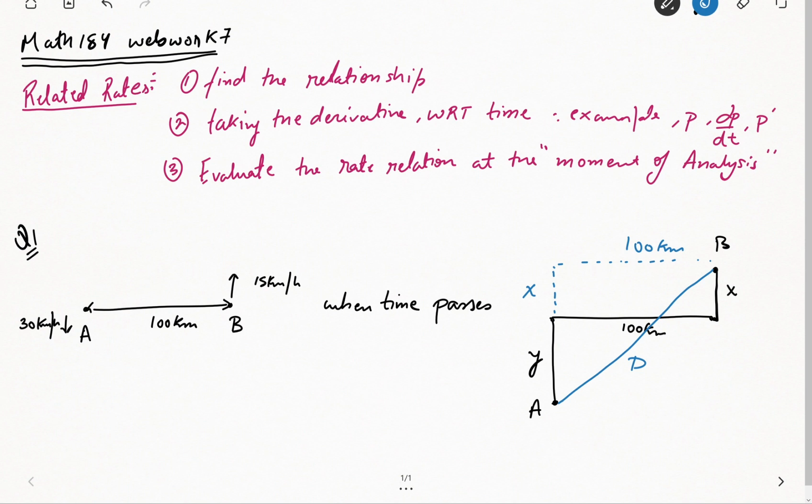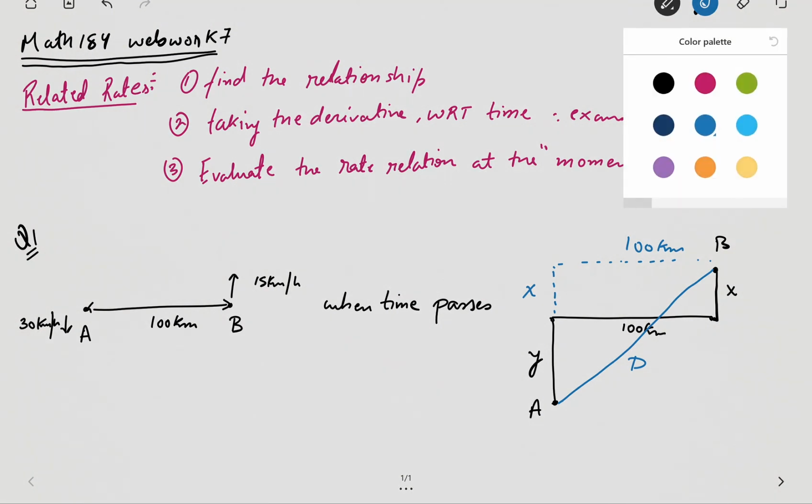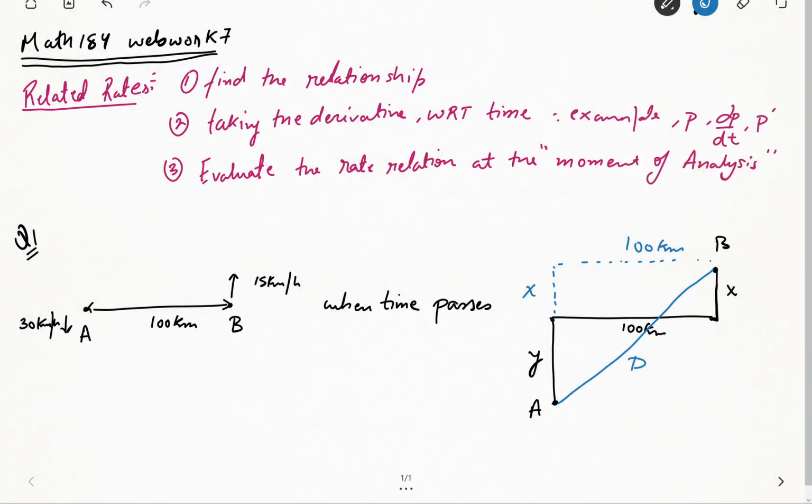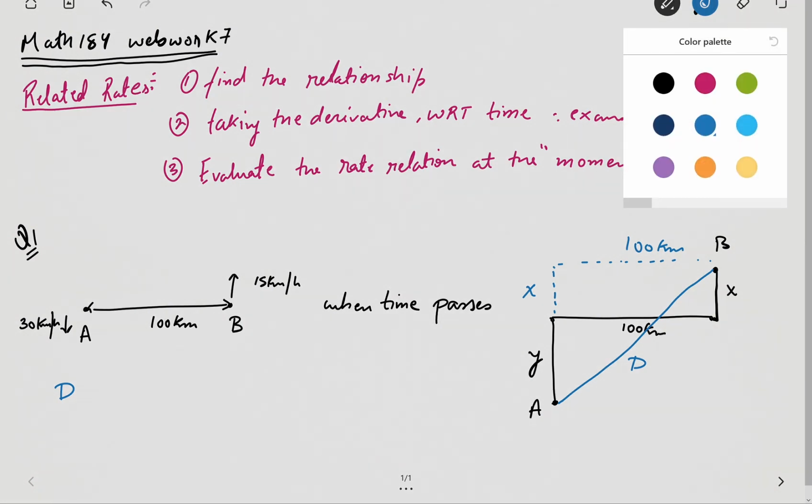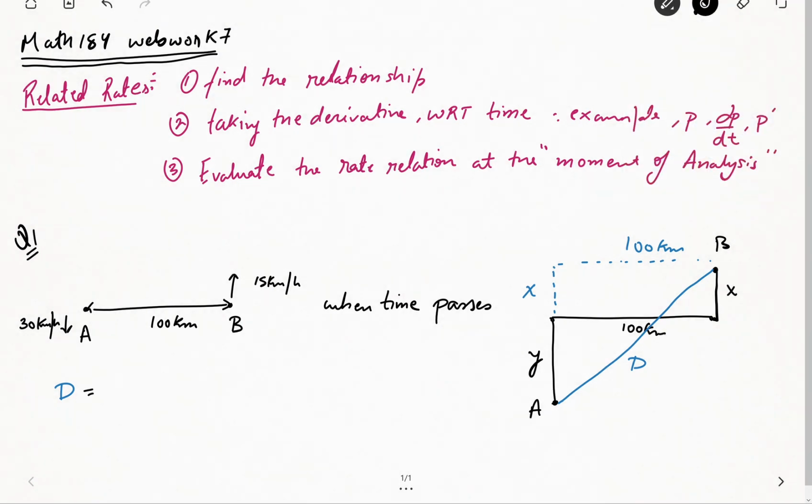If you apply Pythagoras in the triangle you just made with the imaginary dotted lines, the relationship will be D squared equals (x plus y) squared plus 100 squared. This is by Pythagoras.